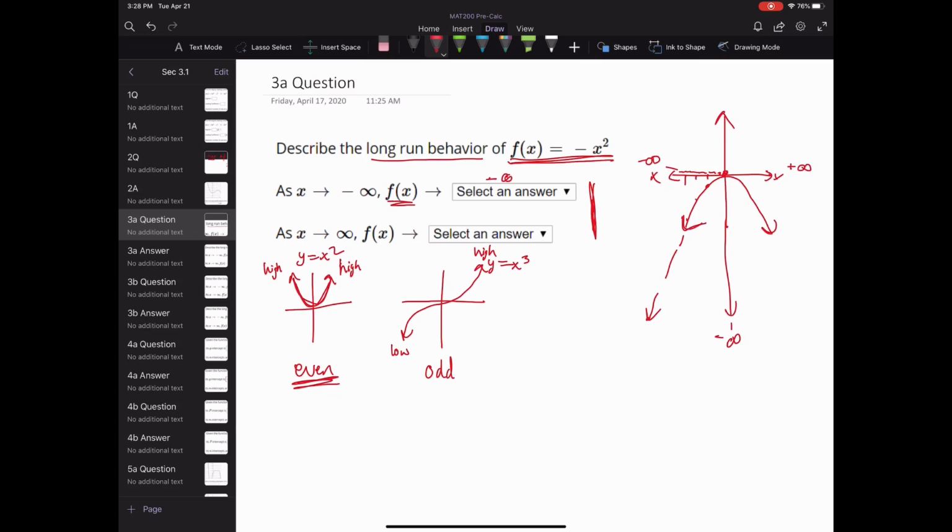And what happens as x goes to positive infinity? We choose points going in this direction, and you also get points going towards negative infinity, because this function just keeps on going down. So the answer to this one too is negative infinity: y, or f of x, goes to negative infinity.